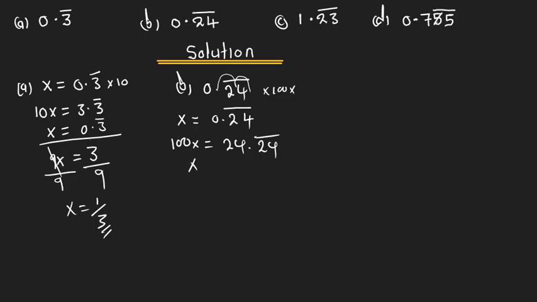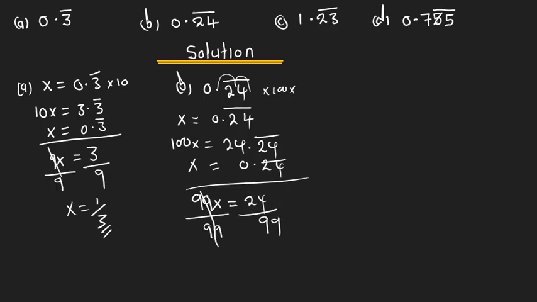So I'll get my x and subtract, and I'll get my 0.24 bar. Then I'm going to get my 90x. Is it true? No, this is supposed to be 99x. And of course, this is going to be 24 over 99. And I'm going to get x equal to 24 over 99.